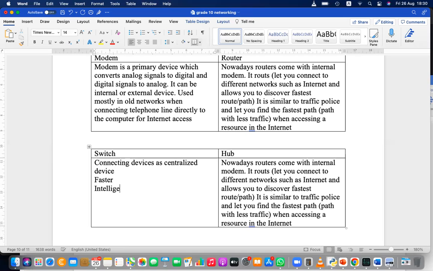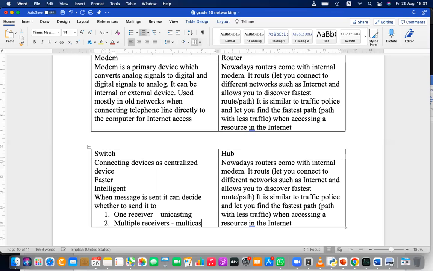intelligent. When a message is sent, it can decide whether to send it to one receiver, which we call unicast, multiple receivers, which we call multicast, or all receivers, which we call broadcast.